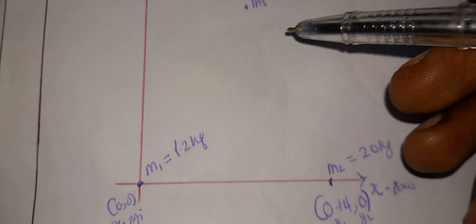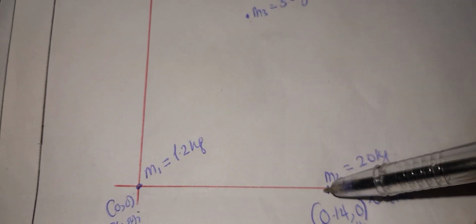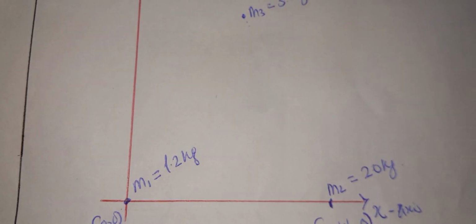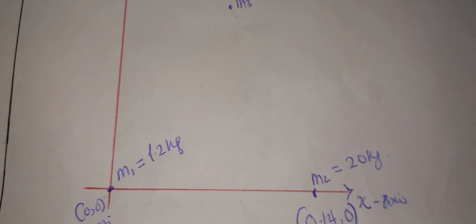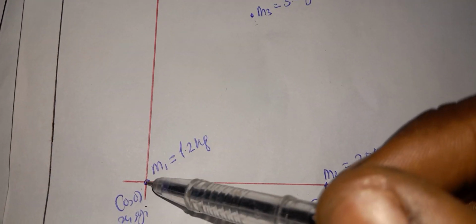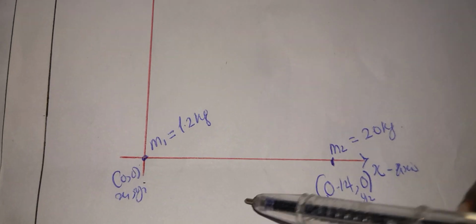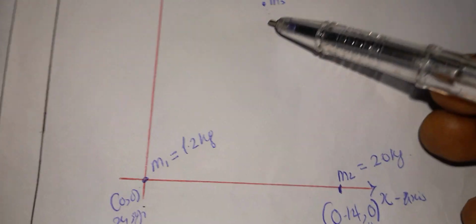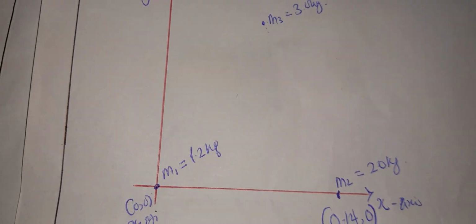So I'll be joining this point to this point, and this point to this point. Remember that it's an equilateral triangle, so all sides are equal. If the distance from here to here is 0.14, the distance from here to here should be 0.14, and from here to here should be 0.14.